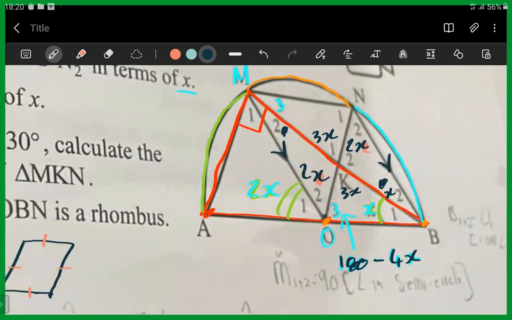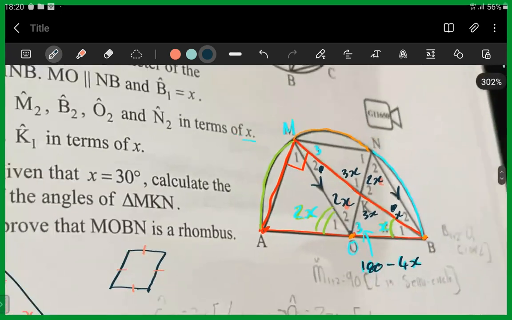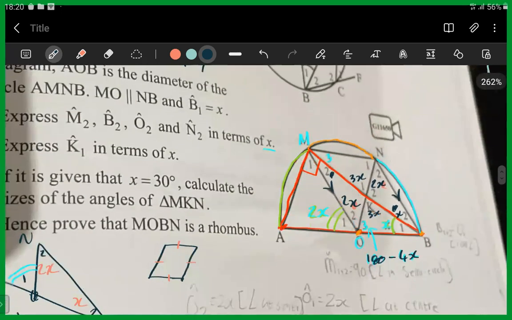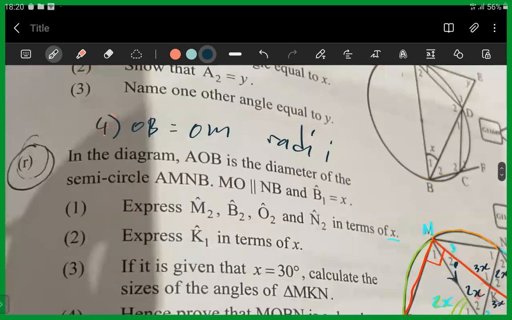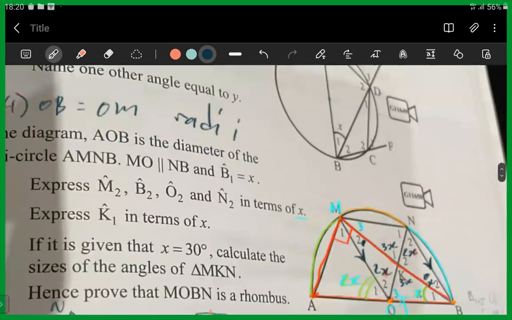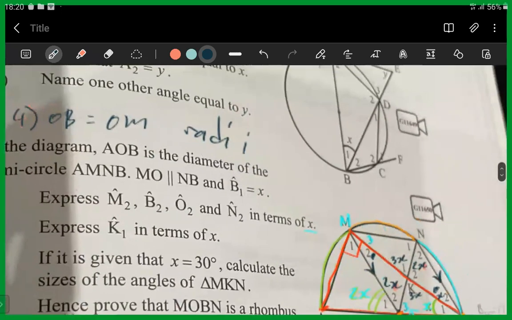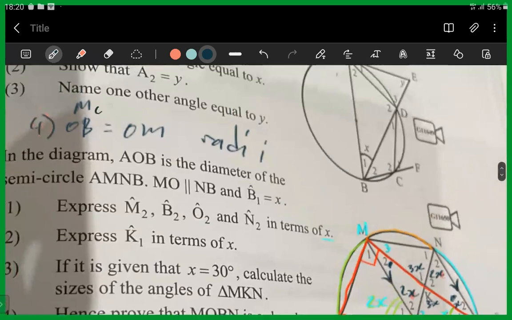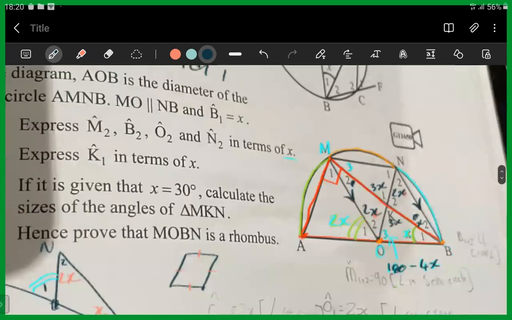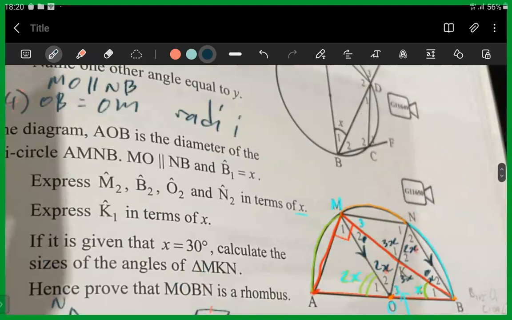The next thing is that MO is parallel to NB. That's the second thing to mention, because that's another property of your rhombus, and that one is given.